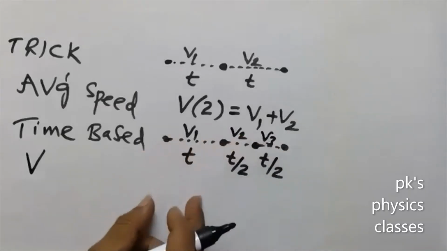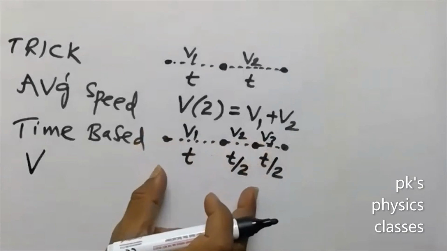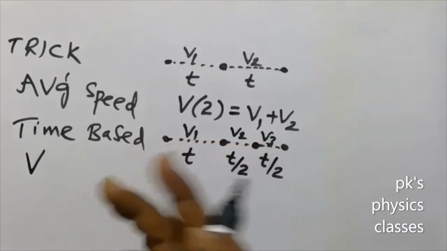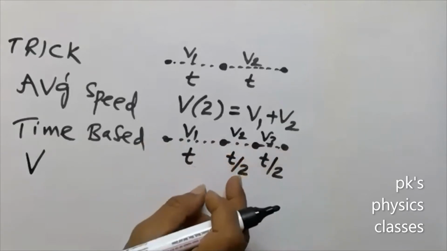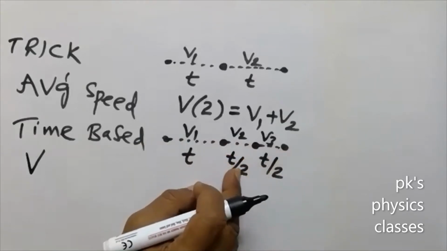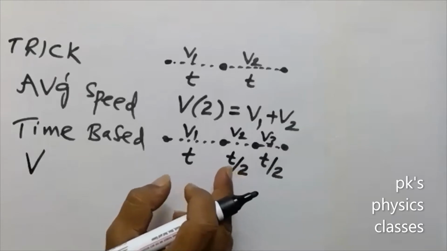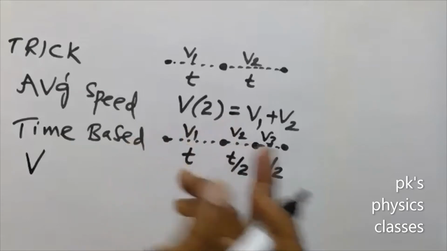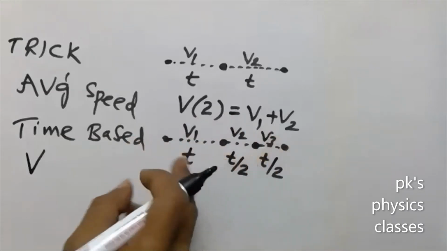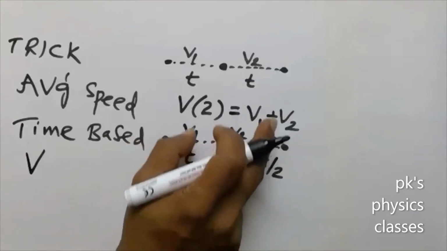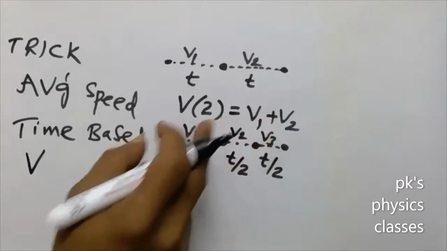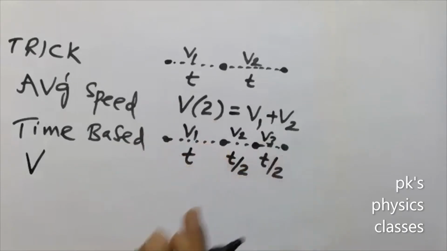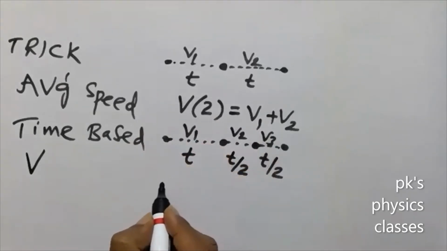Actually the question is this: in the total time, half the time is traveled with v1, the remaining half duration, in that also half of the time duration, the speed is v2. The next half in the remaining is covered with v3. In such a case, here 1t, here one more t. How many t's are there? 2 only.